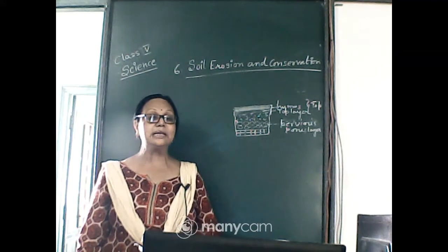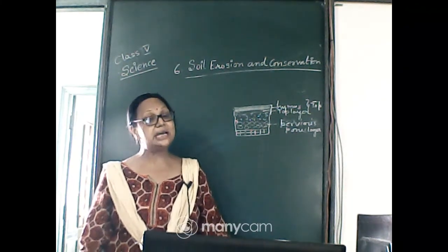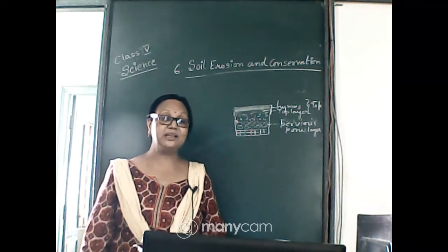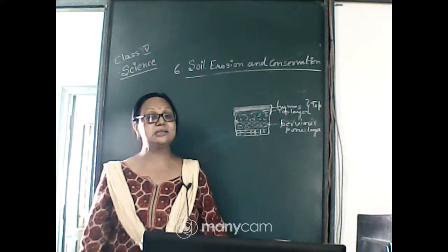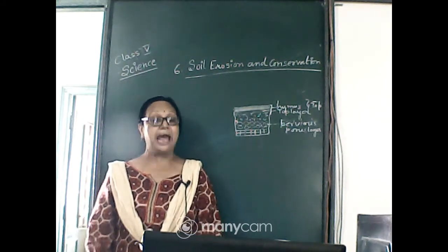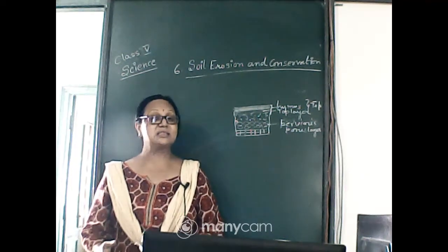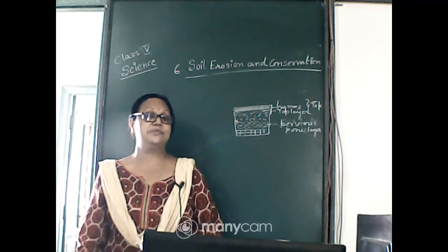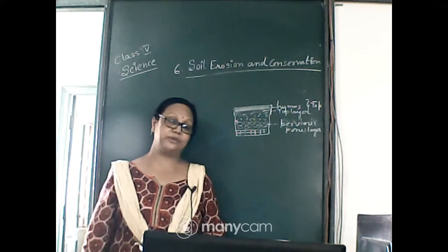We are dependent on plants for each and every need, isn't it? And how are we getting these things? Because soil is present on our earth, we are getting different kinds of plants, and from them we obtain different essential things for our life.